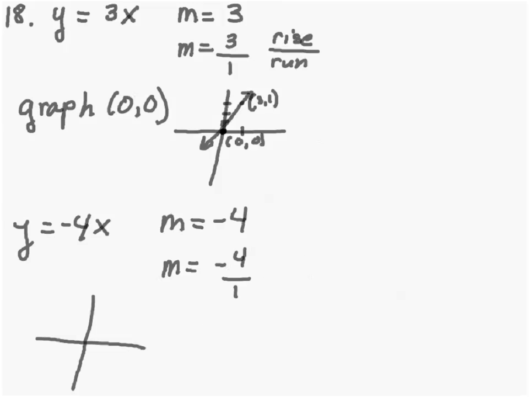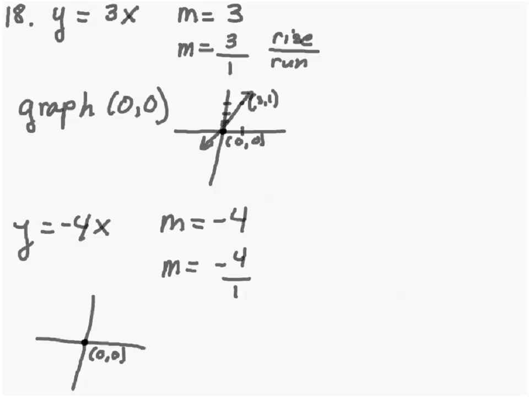Okay, Brian, will you help me plot this? Tell me the first place we need to plot. So it was negative 4/1, right? Okay, we're going to go down 4 and to the right 1. But first, what's the first point we need to put on before we can go down from someplace? Where are we starting? Oh, we need to plot 0, 0.